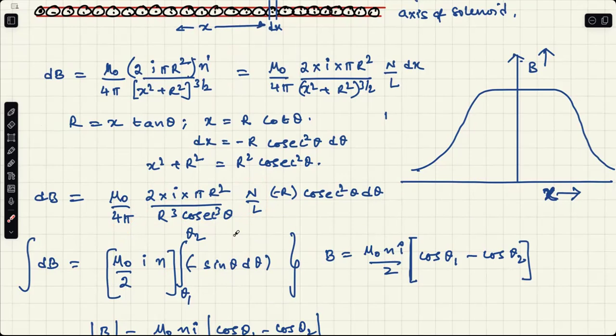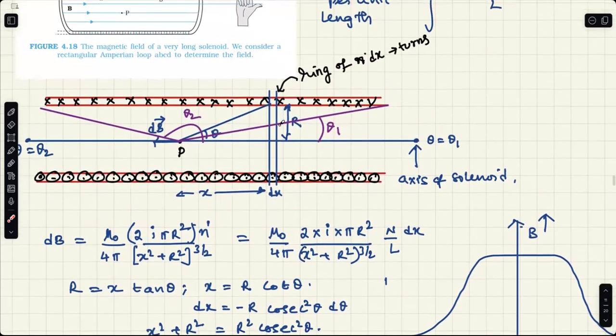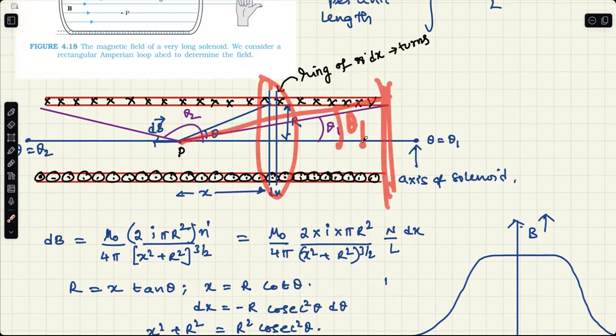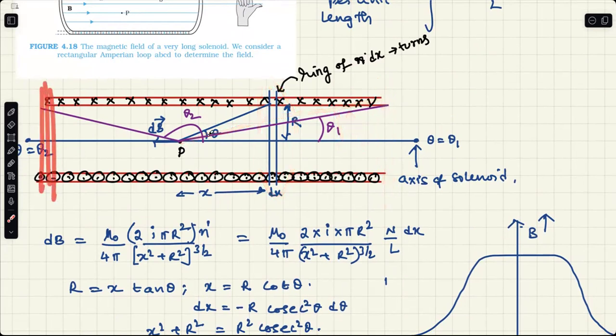Now remember this element which you have starts from here, which makes an angle theta 1. And it ends here, where this line makes an angle theta 2. Don't measure this as theta 2, wrong.